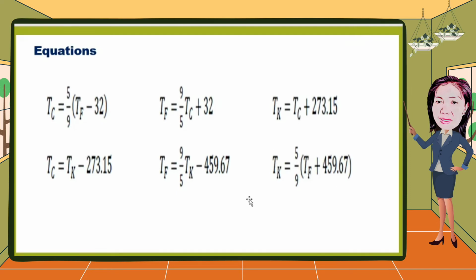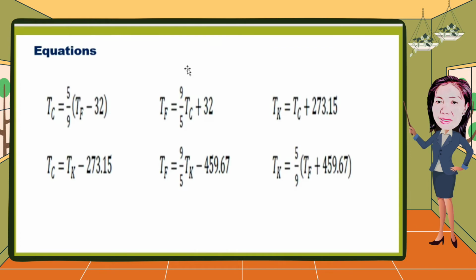This is the equation. Temperature in Kelvin is equal to 5 over 9 times the temperature in Fahrenheit plus 459.67.